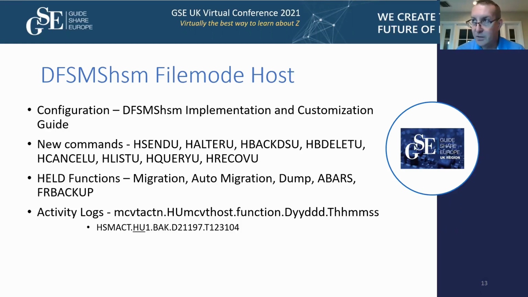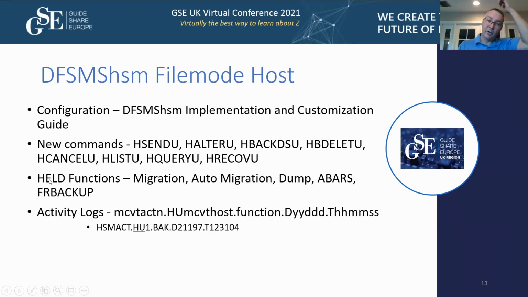If you want to tell the file mode host to do expire backup volume processing, you could just say hsendu expire BV and whatever options you need. The hsend command sends the command to the classic host. The TSO commands all have U versions now as well, so you have a clear idea that you're talking to the file mode host.